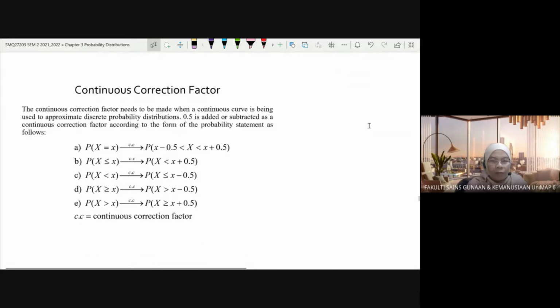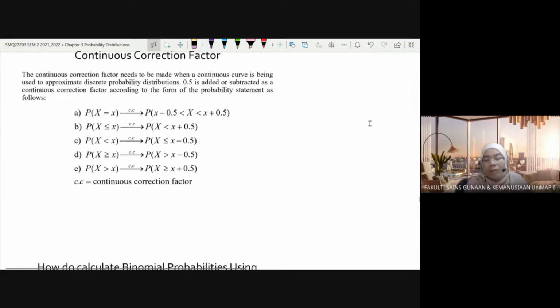Now, since we are using an approximation, and we know that binomial is a discrete probability distribution while we are using a continuous probability distribution to solve the discrete problem, we are going to use what we call the continuity correction factor in order to use this approximation.